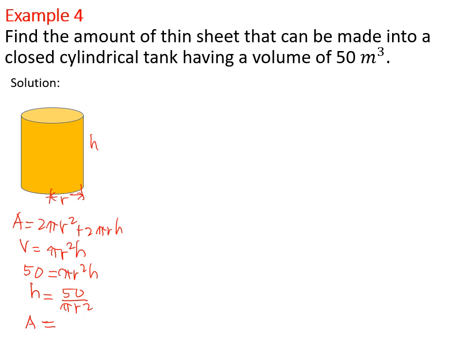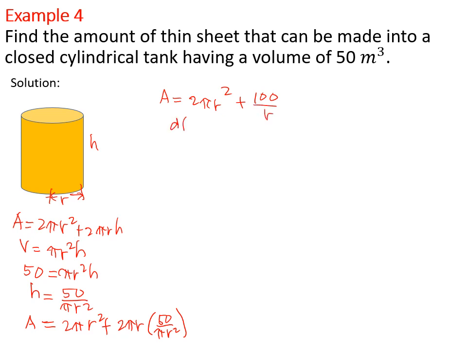In area equals 2 pi r squared plus 2 pi r, your h is 50 over pi r squared. So your area equals 2 pi r squared plus 100 all over r.